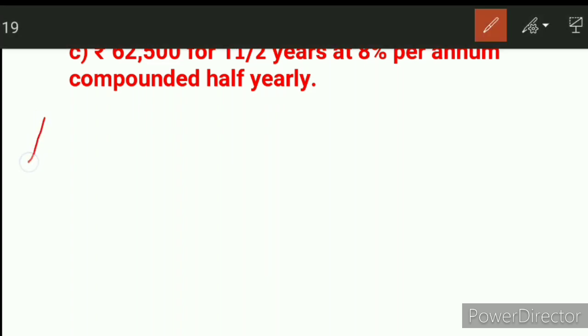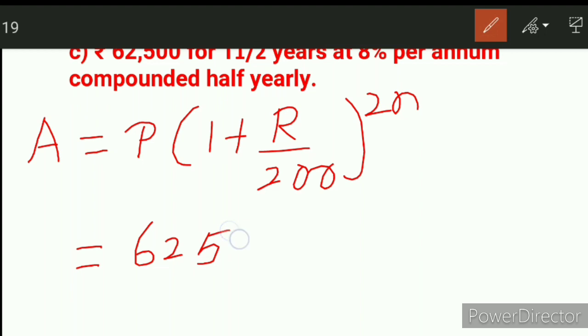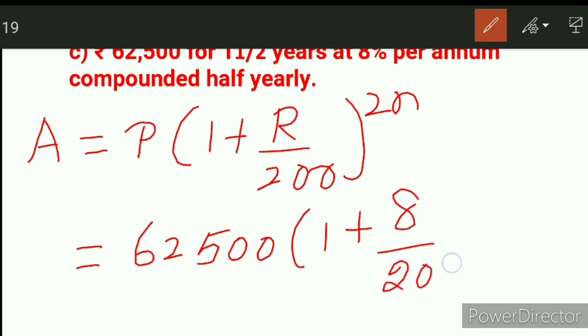That is the amount formula. Amount equal to principal into 1 plus R by 200 whole to the power 2n. That is equal to 62,500 into 1 plus R is 8 by 200 whole to the power 2 into 3/2.